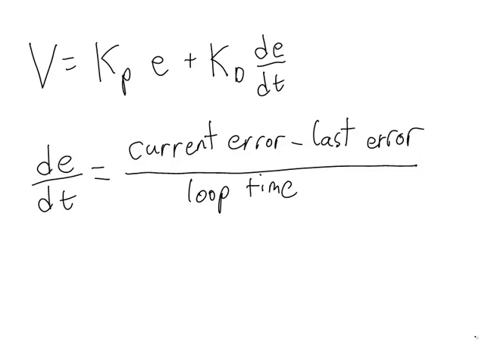Let's think for a moment about what the effects would be of derivative control. If the motor is moving towards its target position, then the current error will be less than the last error. So the numerator in this equation will be negative.